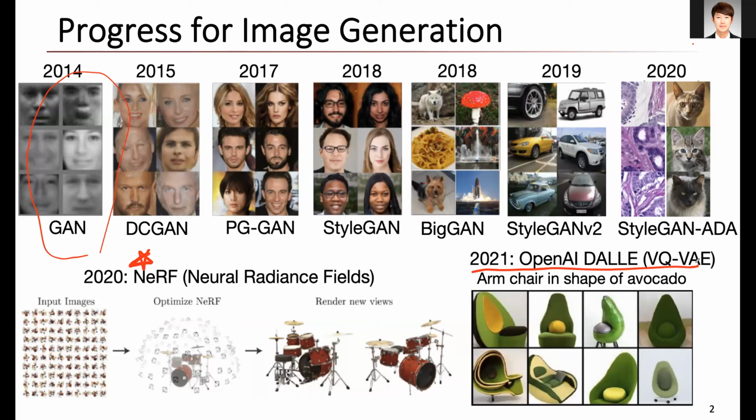Some papers argue that diffusion models beat GAN models in terms of image generation quality or stability, but there is an open question. But anyway, the progress in image generation has emerged more and more.